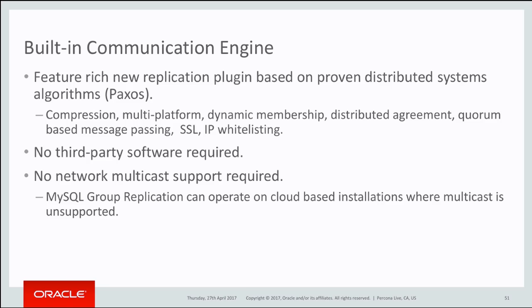We do not require any third-party software. It's everything made by us. We also do not require network multicast. Why? Because then it would not work on cloud installations. So we don't have that requirement, so that you can run replication on any network you want.